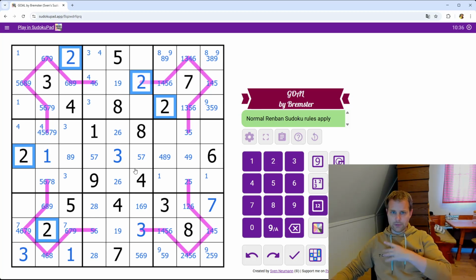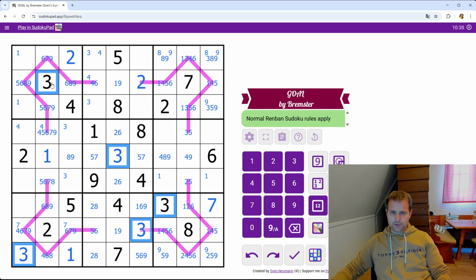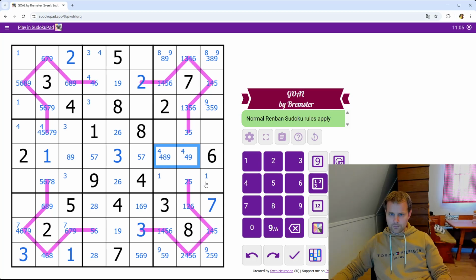The 3s, not giving me that much, unfortunately. The 4s, I think I have to use a different tactic, because this is not giving me the information I want. Well, one of these is a 4.